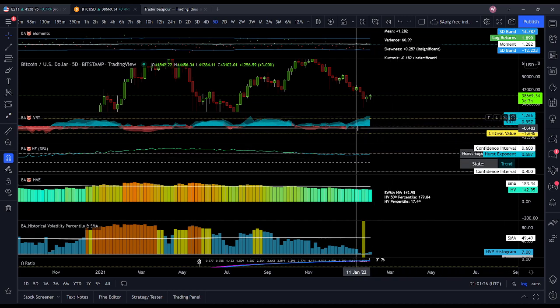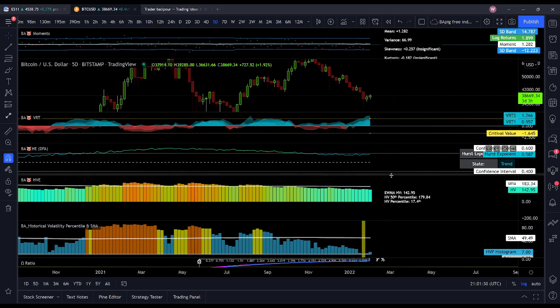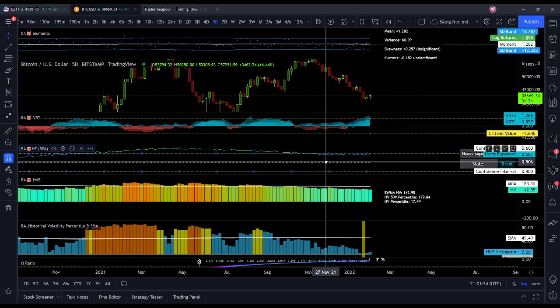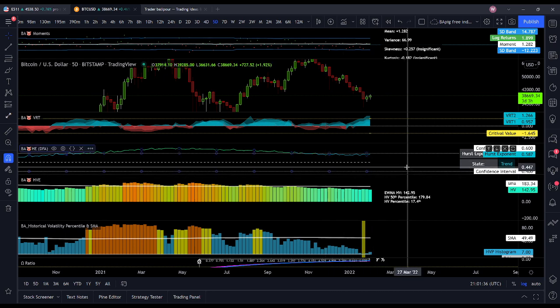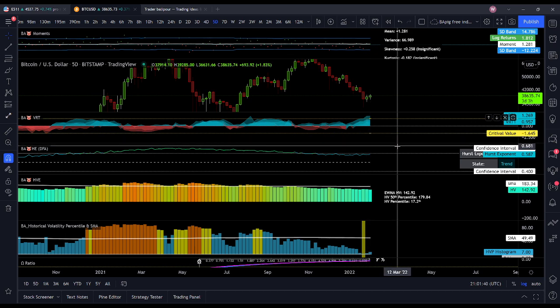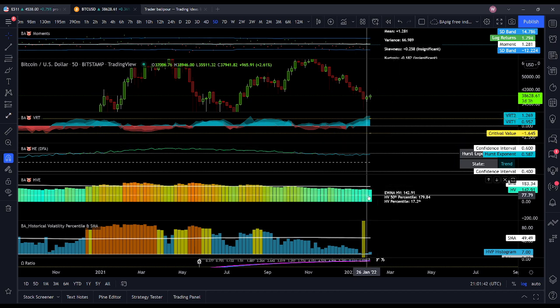And then looking at the VRT, we're outside of a random walk. Market inefficiency is high. And then looking at the Hurst, state of trend. So those are all metrics saying, okay, there's some opportunity here where the market is inefficient and volatility is low, and we are seeing trend.